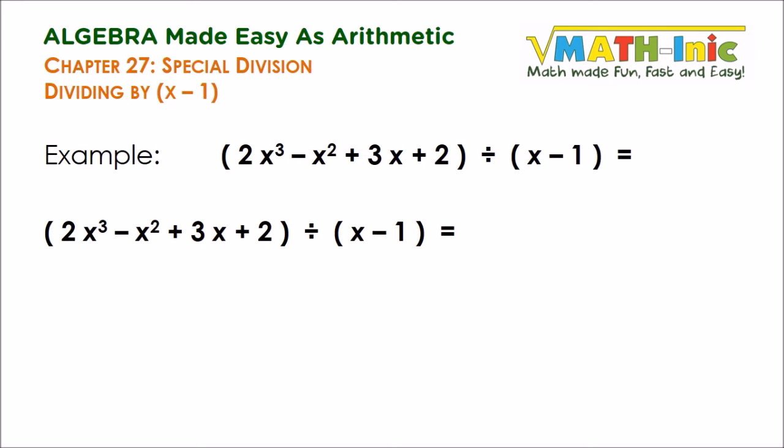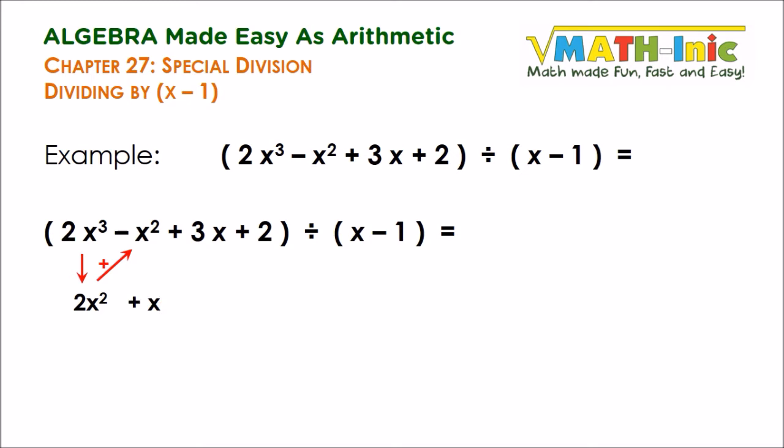Again, we first bring down the first coefficient, 2, and this time, since we're dividing by x minus 1, the exponent of x is decreased by 1. Next, we add the 2 to the next coefficient. 2 plus negative 1, or 2 minus 1, is 1.